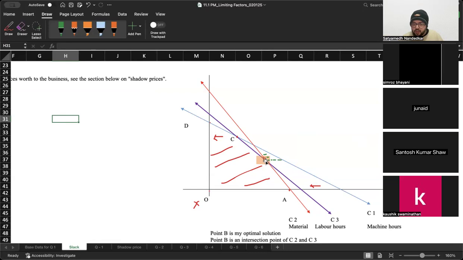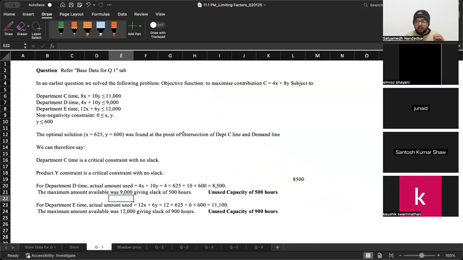Optimum utilization of the resources and optimum production happens at point B, but this is below line C1. That means C1 में अभी भी there is unutilized capacity, and that unutilized capacity is your slack. Okay, so have a proper look at this one. Go through this once and tell me if you have any questions on this whatsoever.